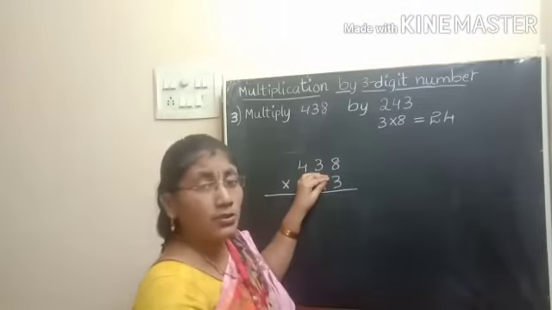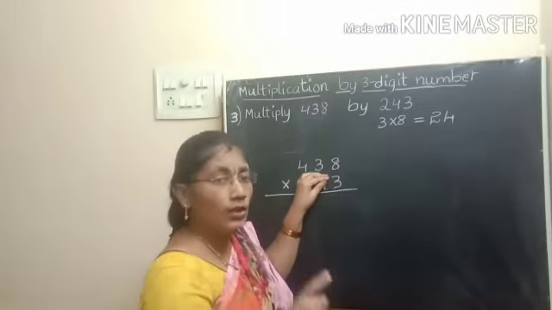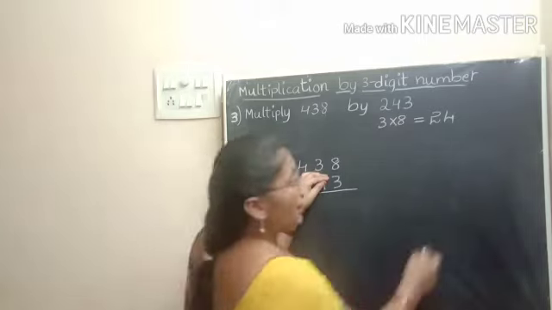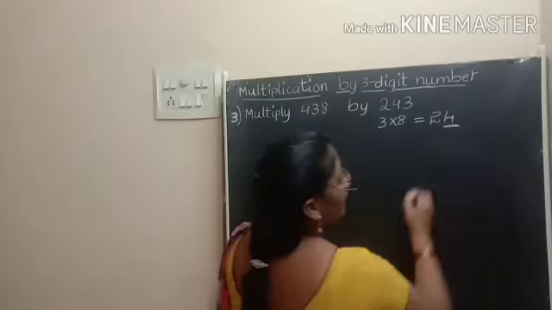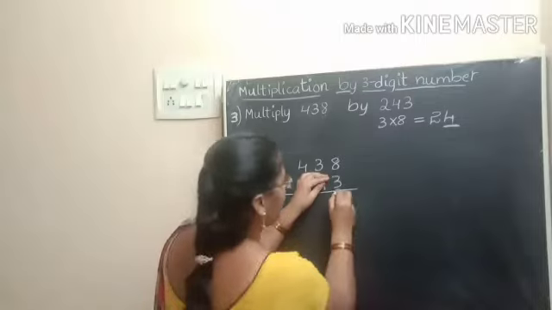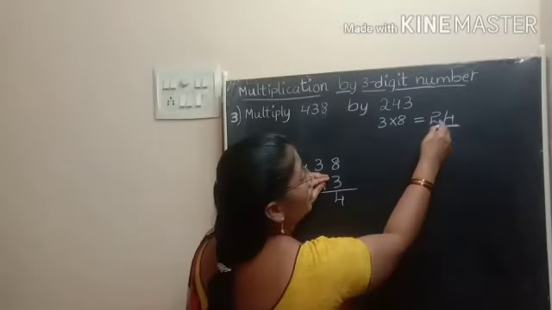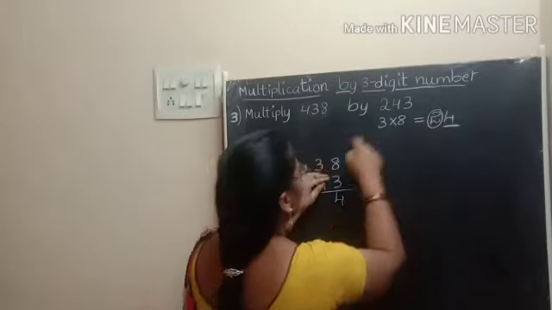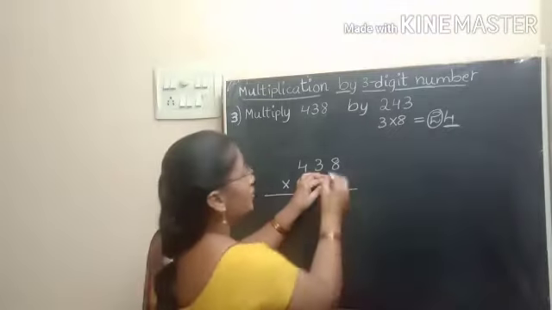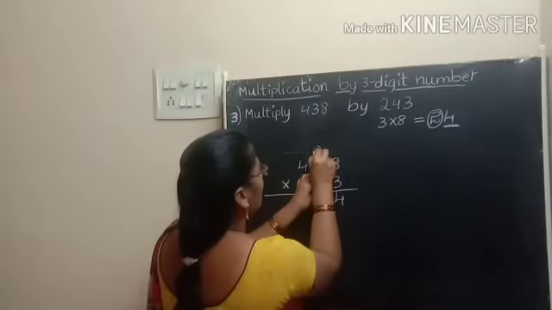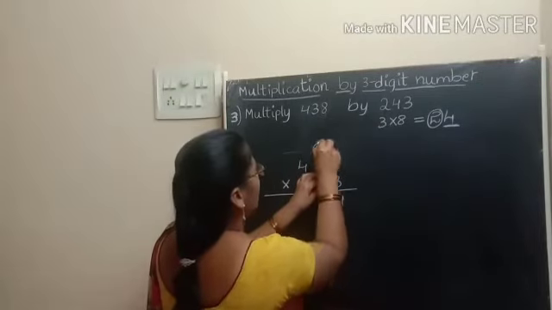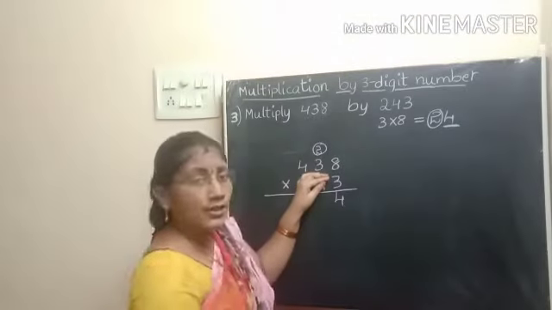There we have 2 digits. But we need only a single digit. So write 4, the right side digit, as result and 2 as carry in the next place. Understood? So write 2 here as carry. Is it clear, children?